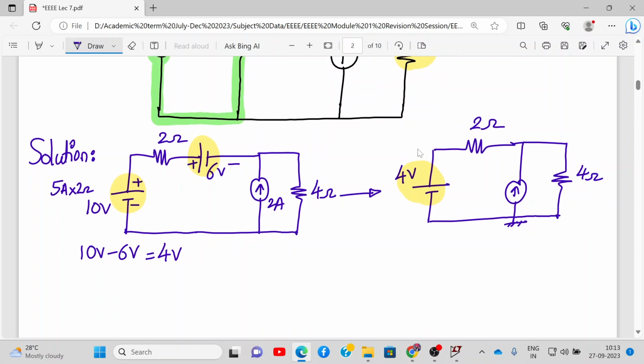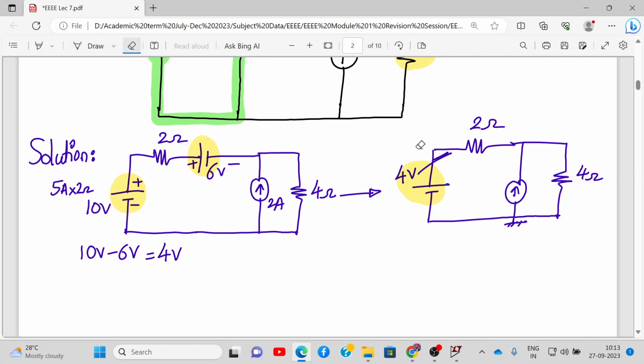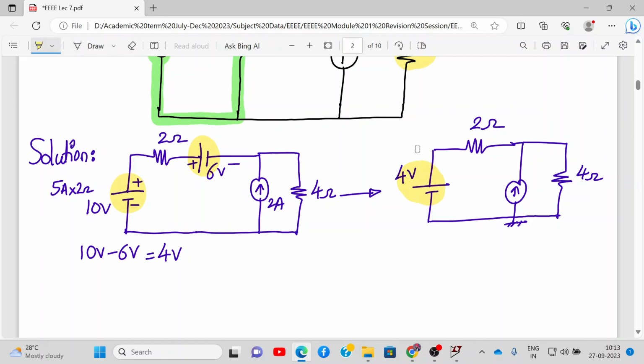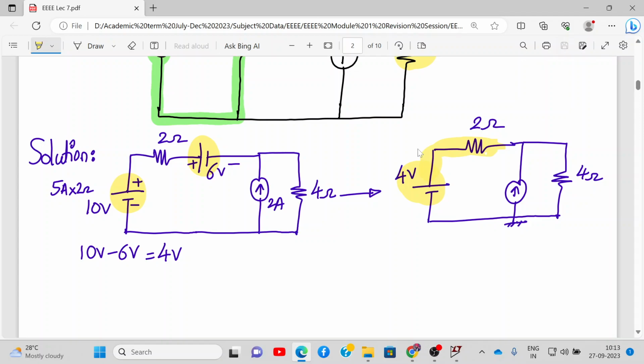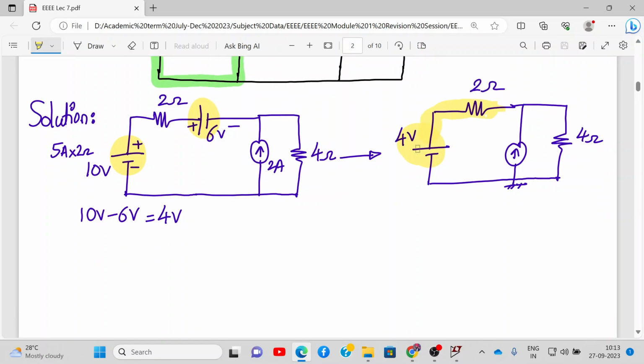Now, if you see this carefully, we have a 4 volt voltage source over here, and next we have a 2 ohm resistance. So this voltage source in series with a resistance will become a current source in parallel with a resistance. So let's do that. I hope you're following. Over here we'll go to this network now.